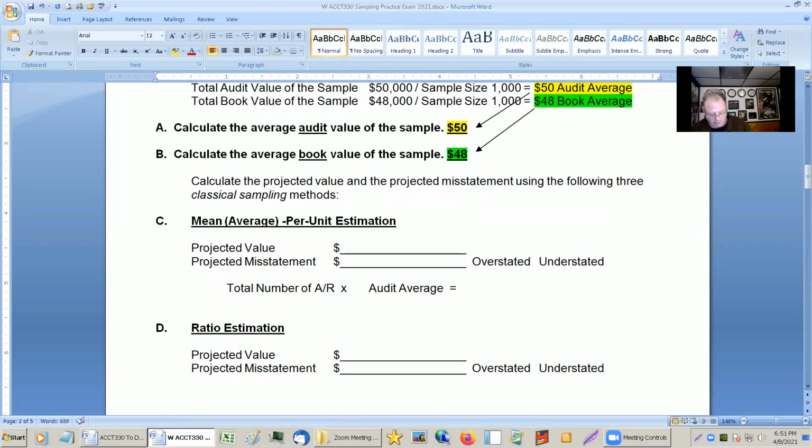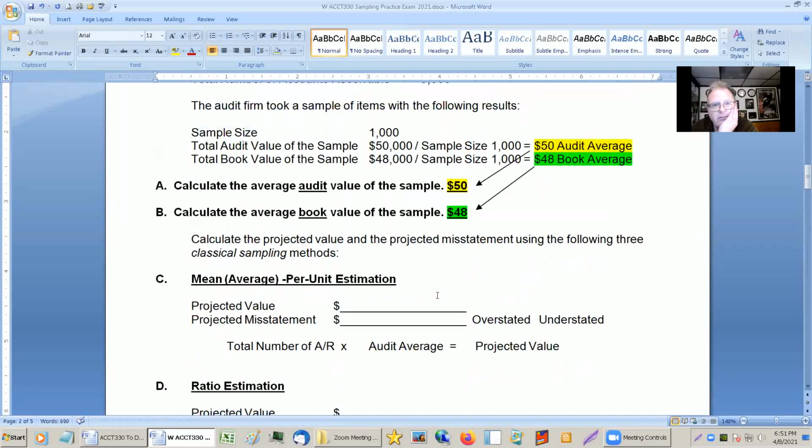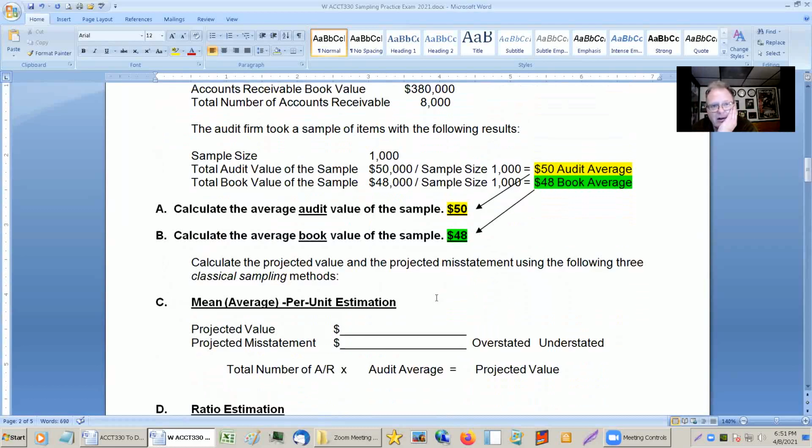And this will equal our projected value. So this is the value that we think the entire population of accounts receivable is.